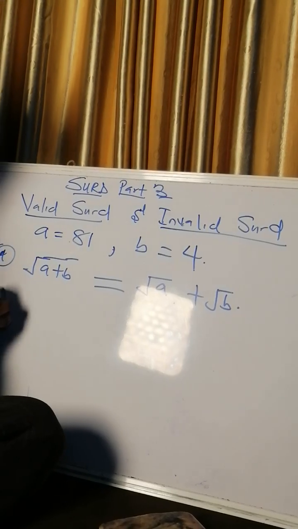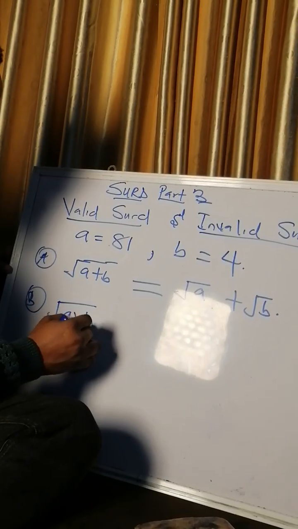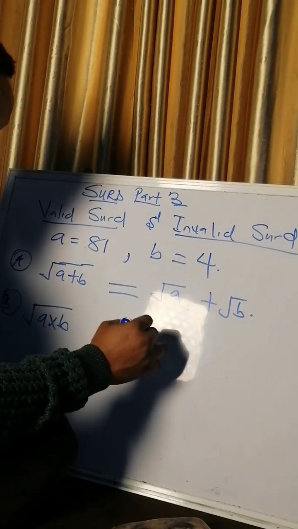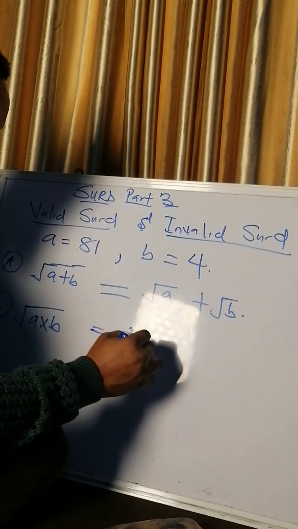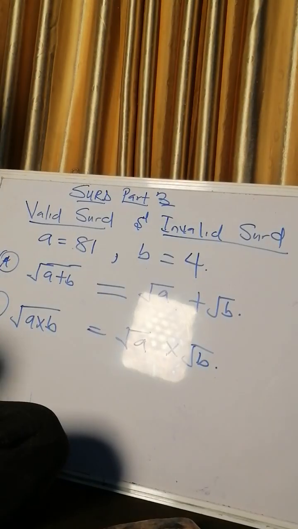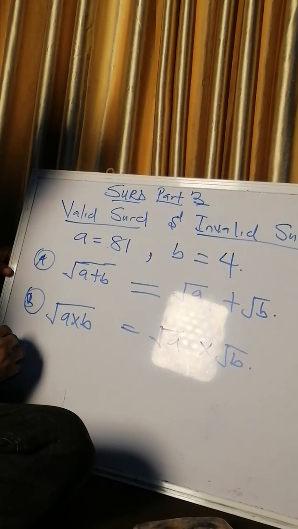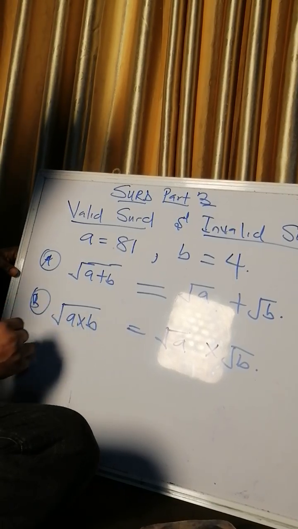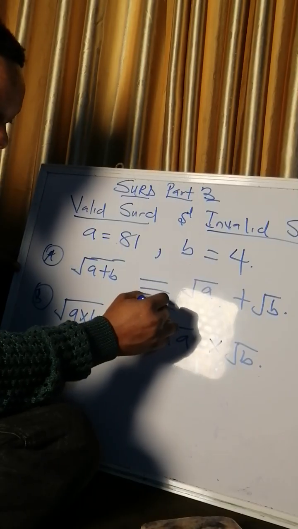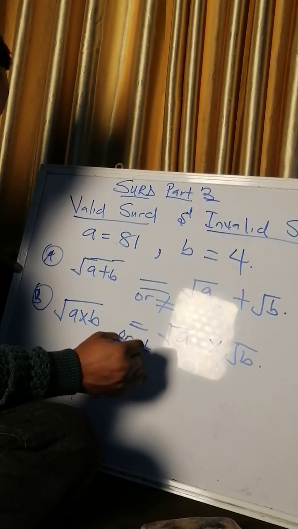So for B, let's say A times B, is it equal to root A times root B? That's another one that we'll also be discussing here. Then for C, don't forget, is it equal to or not equal to?